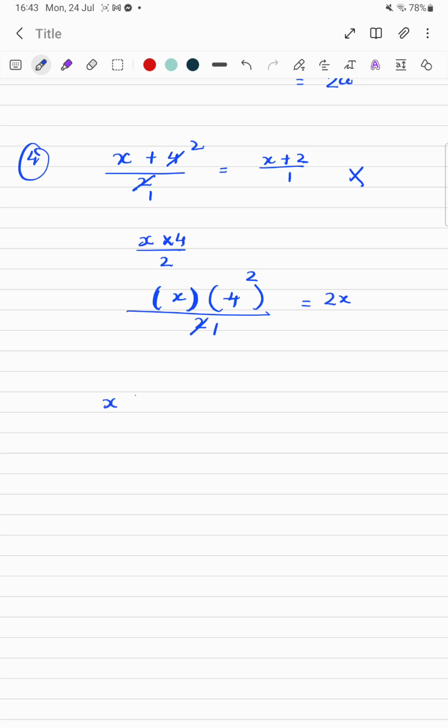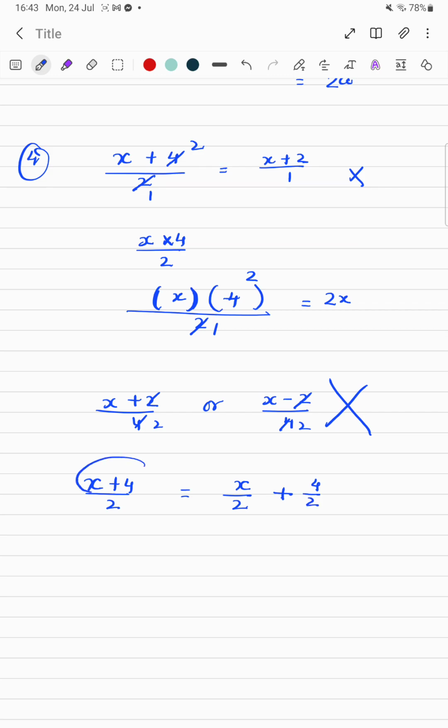But if it is having a plus sign, or even if it is having a negative sign, you cannot cancel like this. This would be wrong. In this case, what you can do is split the terms. Again we have the question x plus 4 divided by 2. You can write it x divided by 2 plus 4 divided by 2.